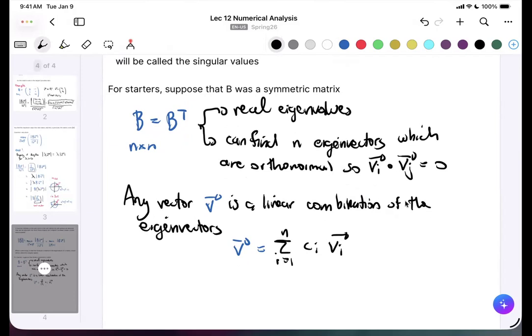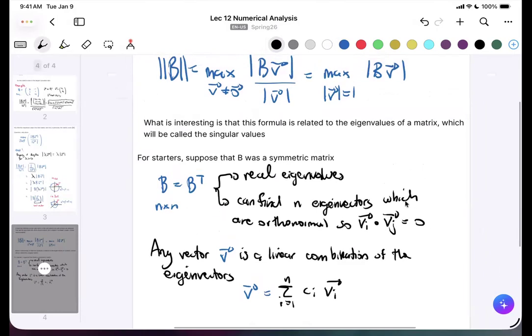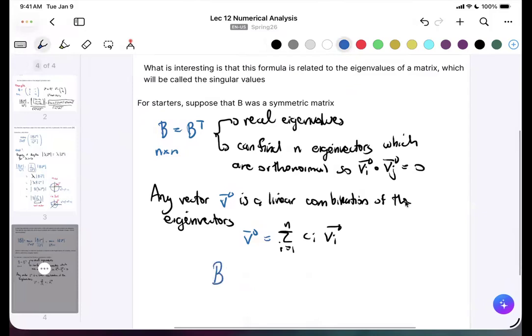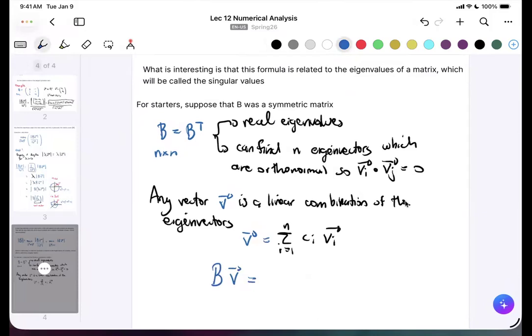So, making sense. Now, for the matrix norm, we have to multiply the vector by the matrix B. That's easy to do if you have it written as a linear combination of the eigenvectors, because matrix multiplication is a linear operation, so the multiplication distributes over the sum. So you just have to multiply the matrix B by each of the eigenvectors.